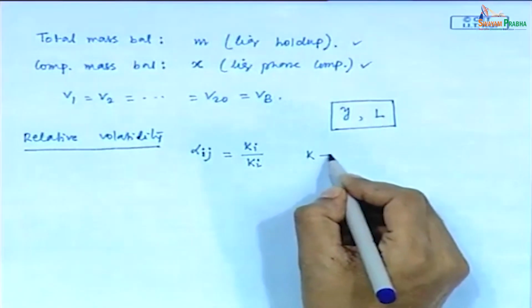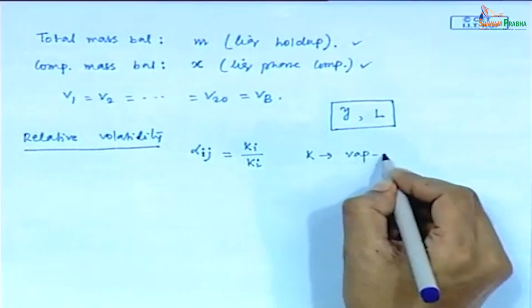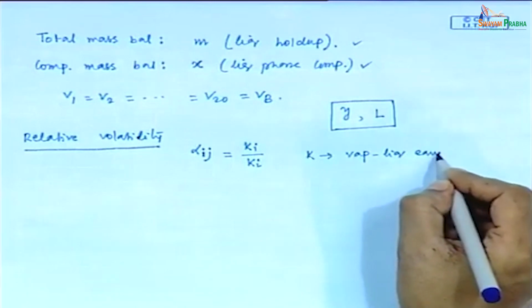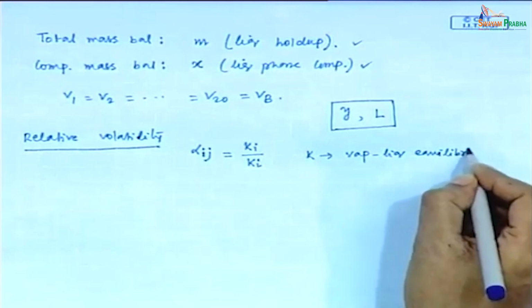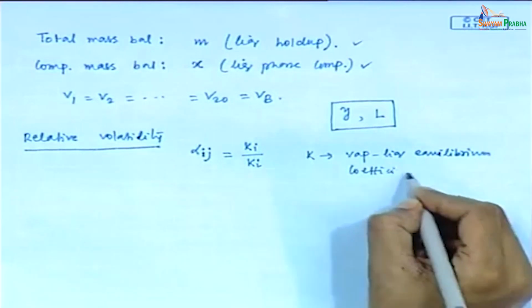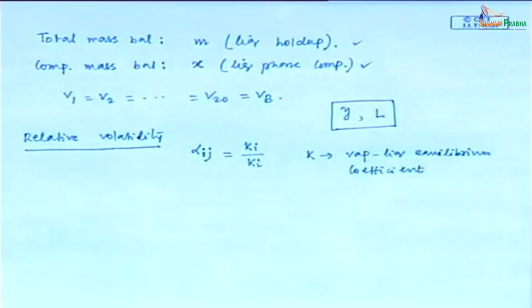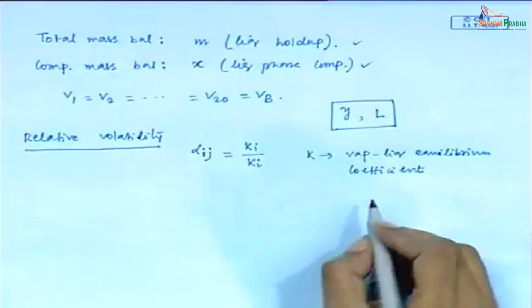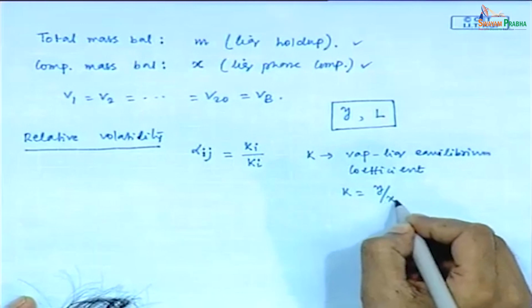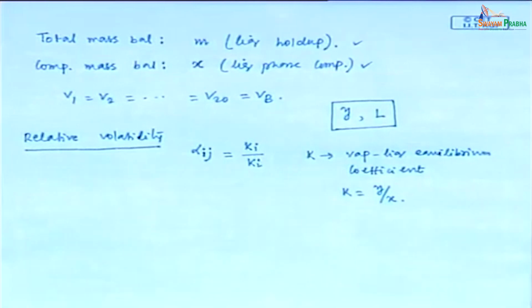K is the vapor liquid equilibrium coefficient. It is also called distribution coefficient, which is basically represented by y by x.